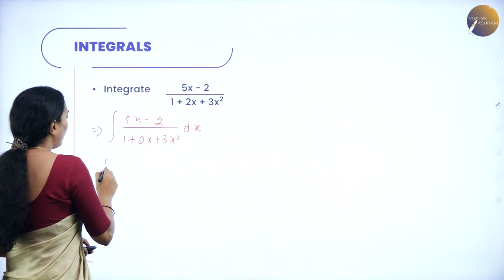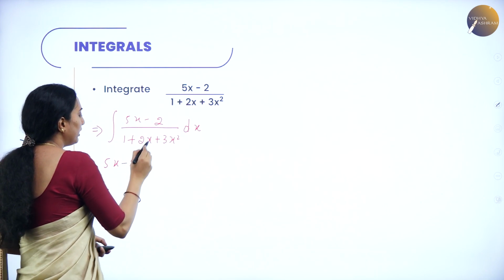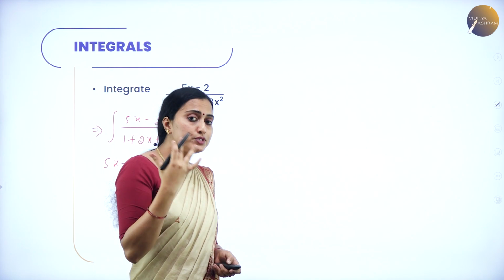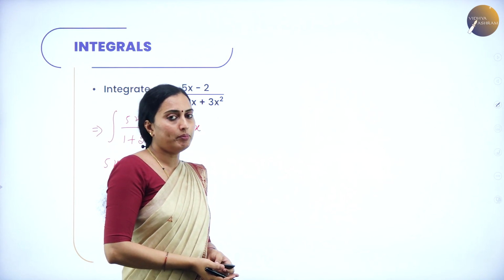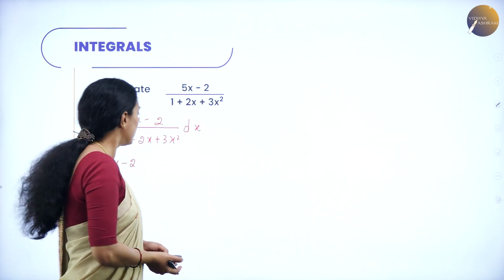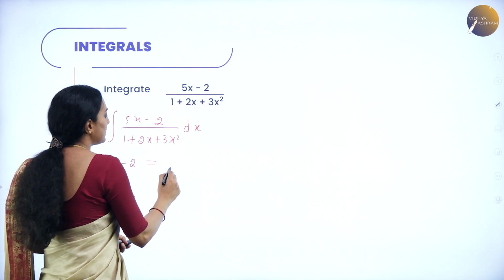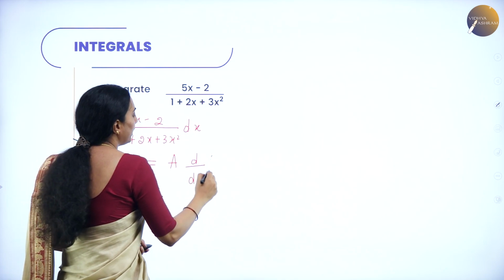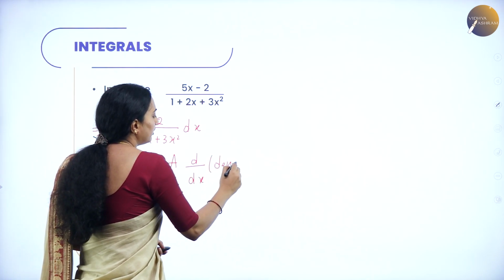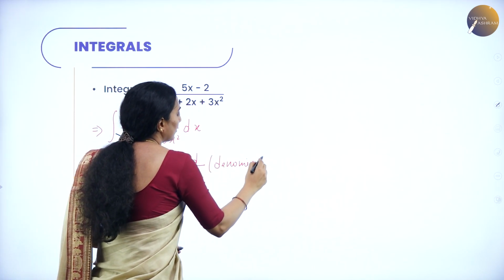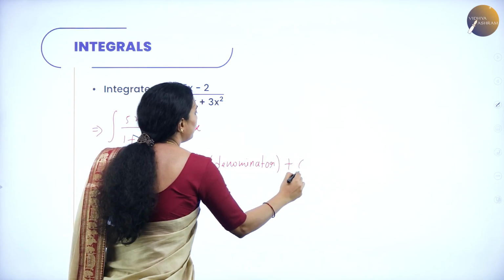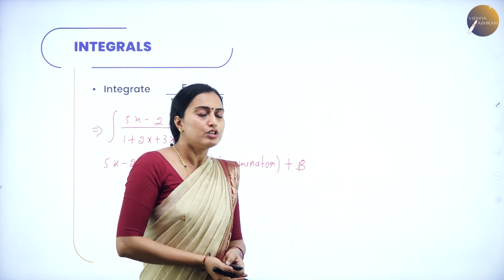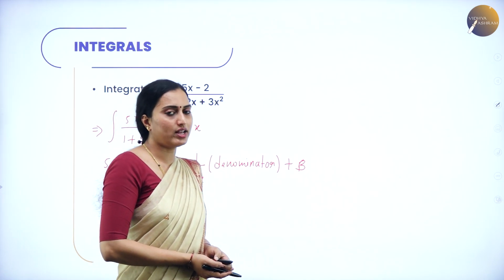When the numerator is not the differentiation of the denominator, or you cannot substitute in the form of the denominator, then you write 5x minus 2 as a constant into d by dx of the denominator, plus b. Here I am writing plus b since I have taken the first constant as a. So a and b are the constants here.